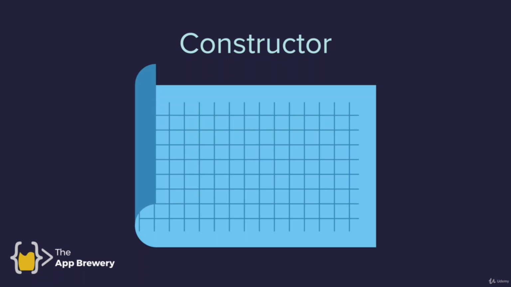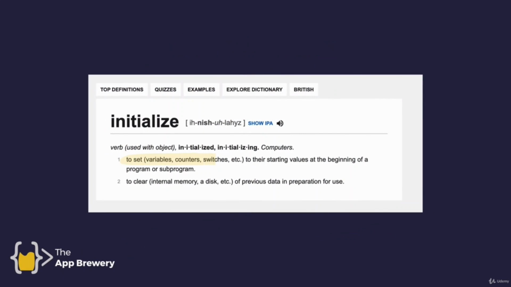Now, in order to do this, we have to understand something called a constructor, which is a part of the blueprint that allows us to specify what should happen when our object is being constructed. This is also known in programming as initializing an object. When the object is being initialized, we can set variables or counters to their starting values.